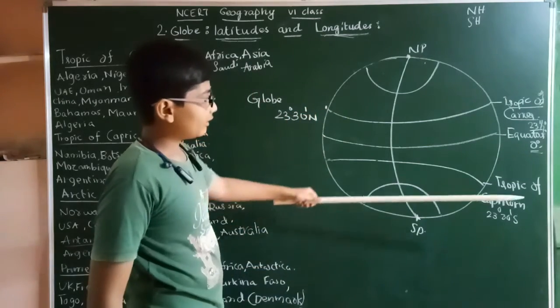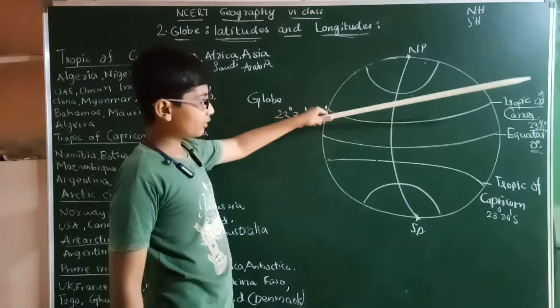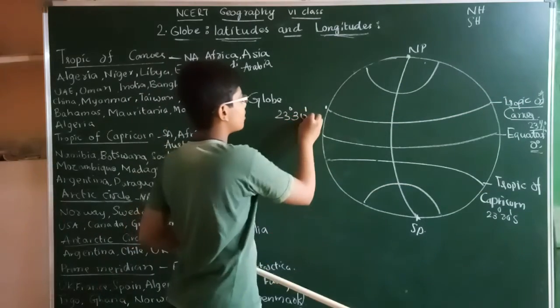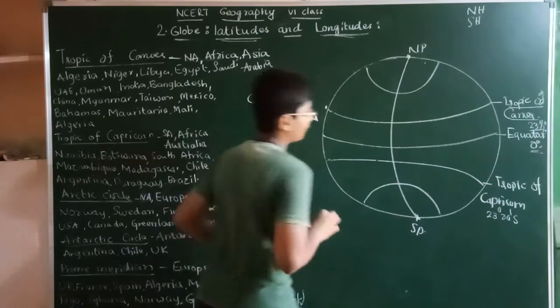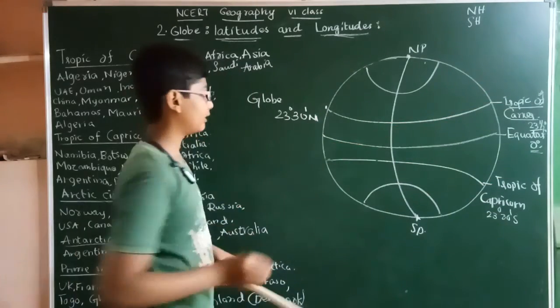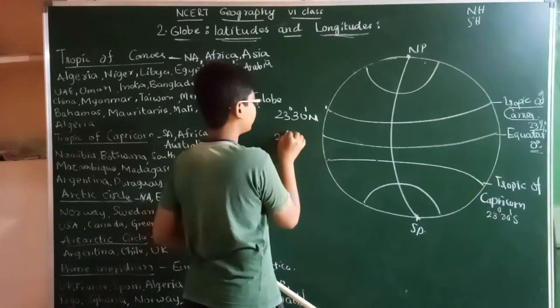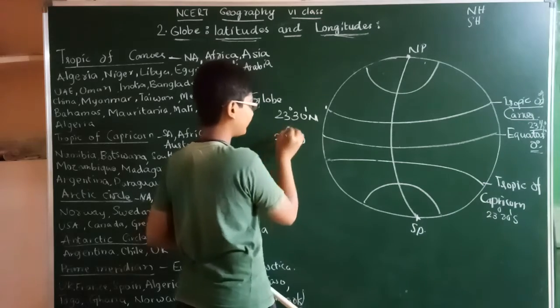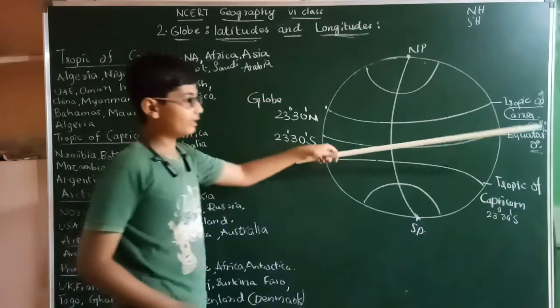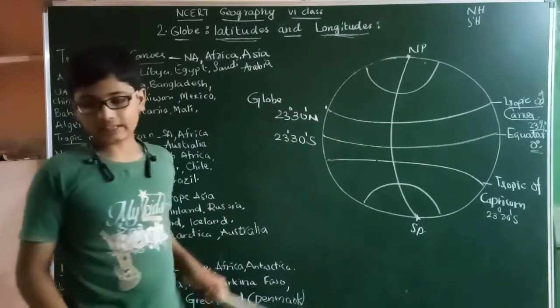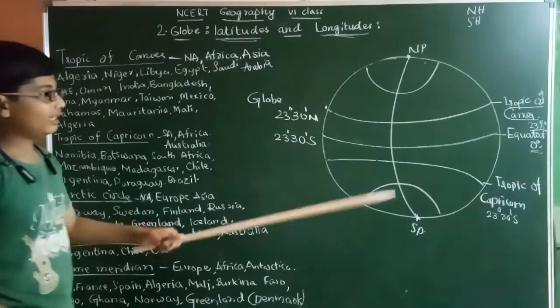And there is another important latitude, south of the Equator. This is the Tropic of Capricorn, which is 23 degrees 30 minutes south. Why south? Because it is on the south side of the Equator.